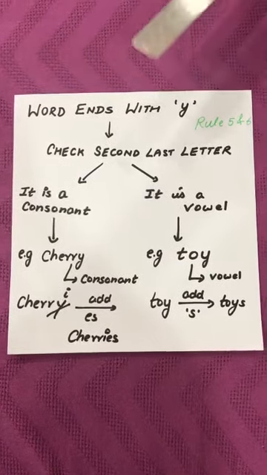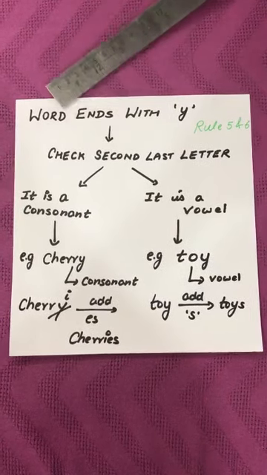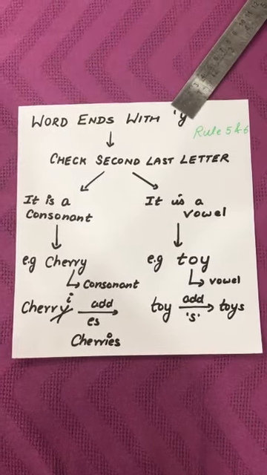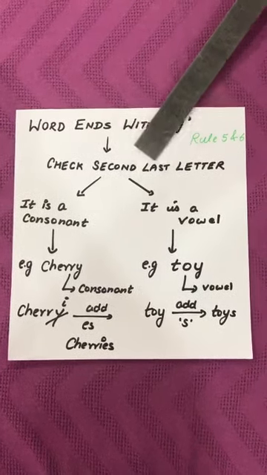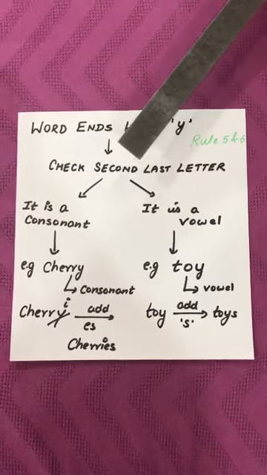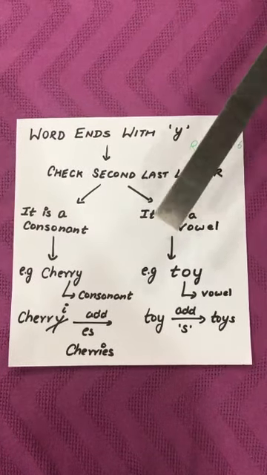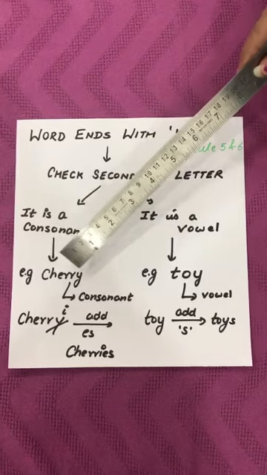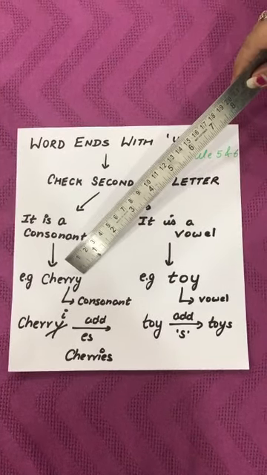Now let us discuss rule number 5 and rule number 6. So if the word ends with Y, then what do we have to check? We have to check the second last letter of the word. You have to see whether it is a consonant or a vowel. For example, cherry, right? Cherry ends with a Y. So then you have to see the second last letter of the word.